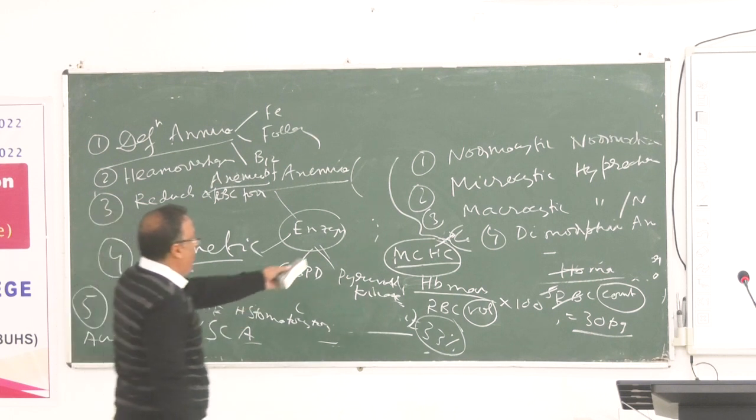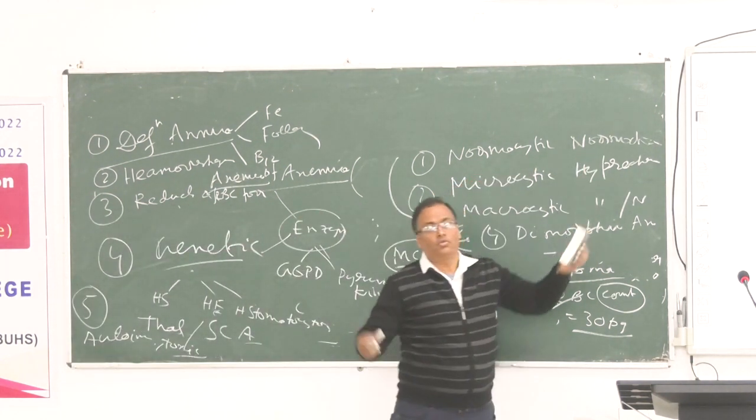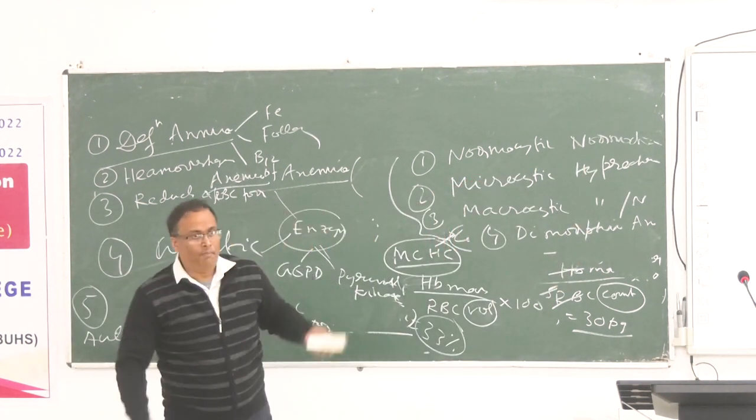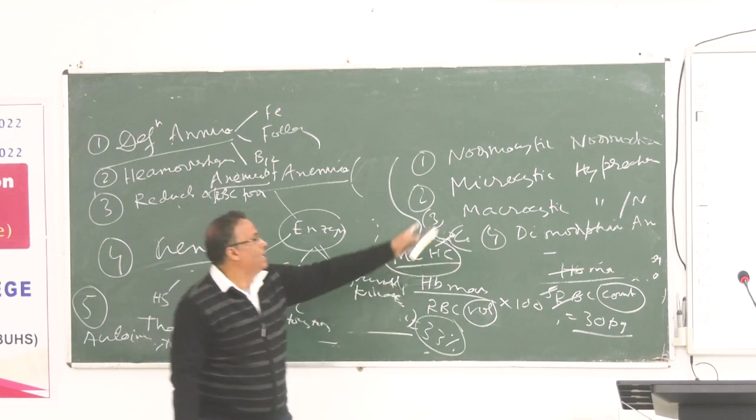So these are the normocytic normochromic. What is so important? Blood tests morphologically. These are the normal.